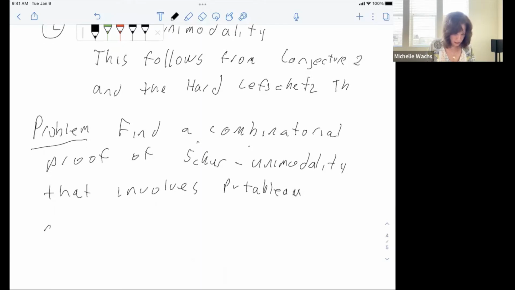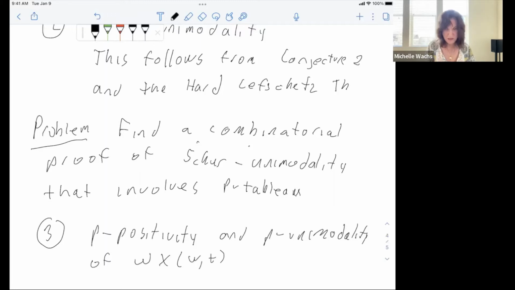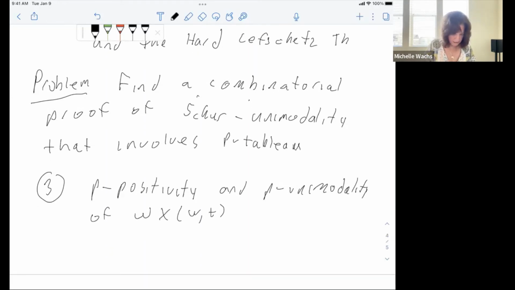So the third consequence of e-positivity is P positivity and P unimodality of omega, because this being e-positive would imply that this is P positive.